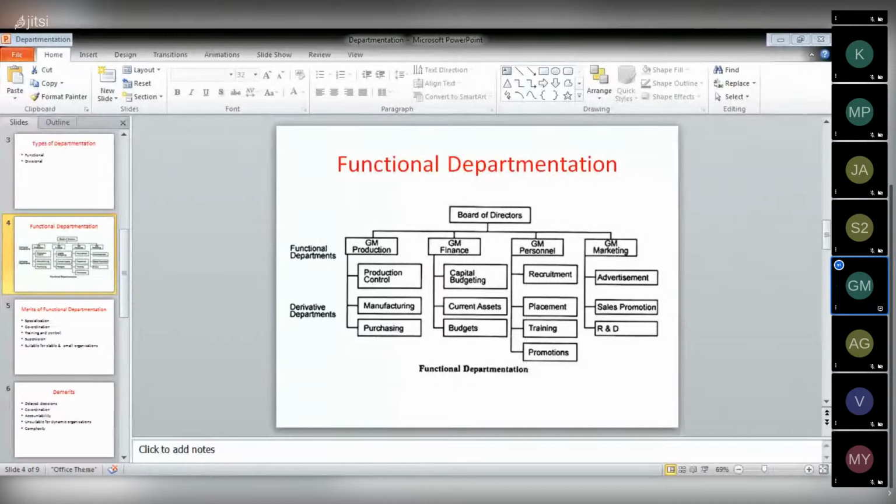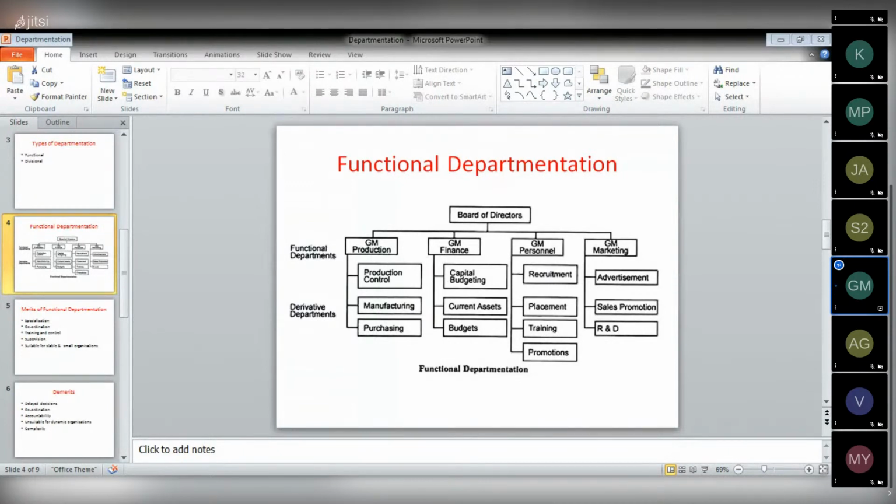See, for a manager, it becomes very easy to supervise all the departmental activities, because all these departmental activities have a unique set of functional skills. So it becomes easy for supervision.